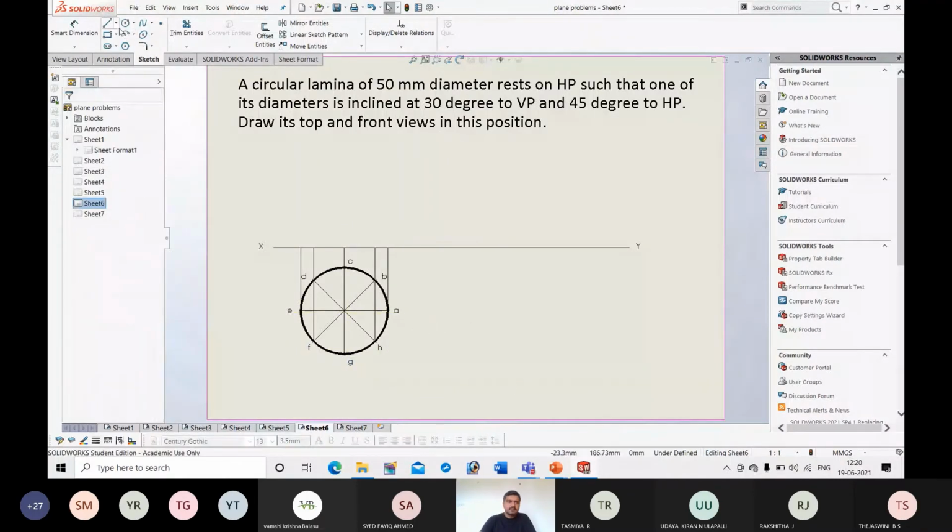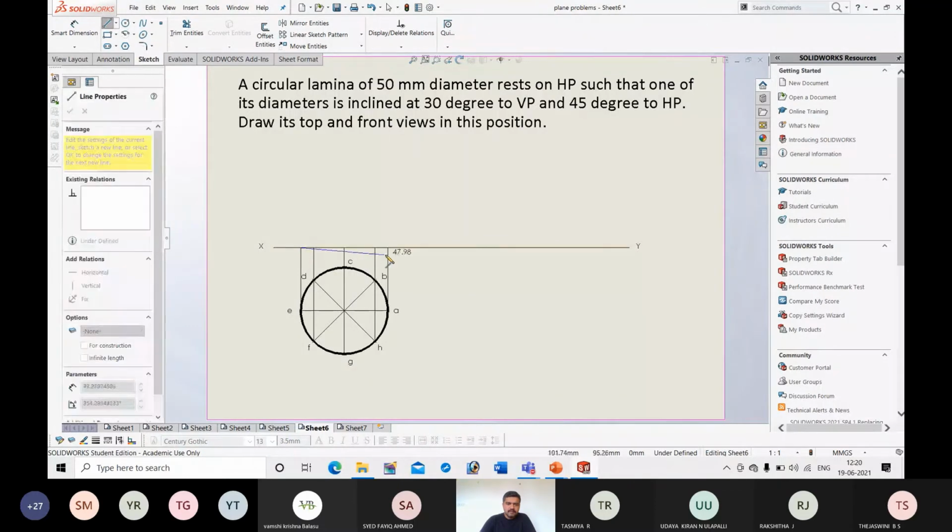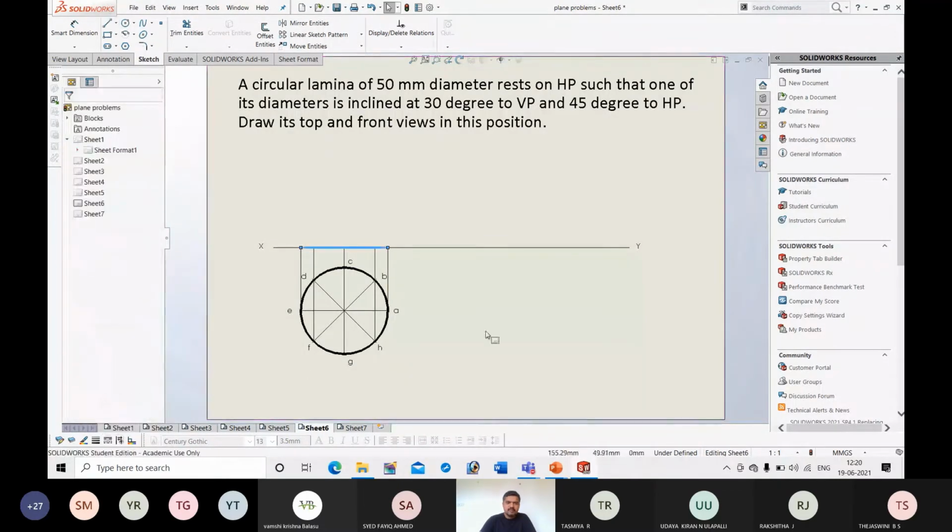Okay, so next I will draw a line between these two, and this is the front view. Then I will name the points.